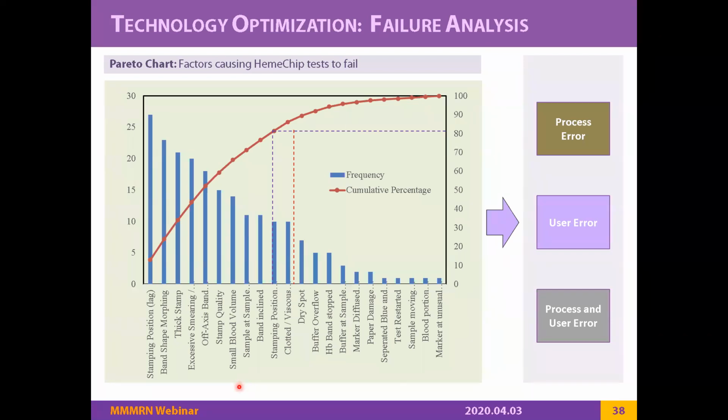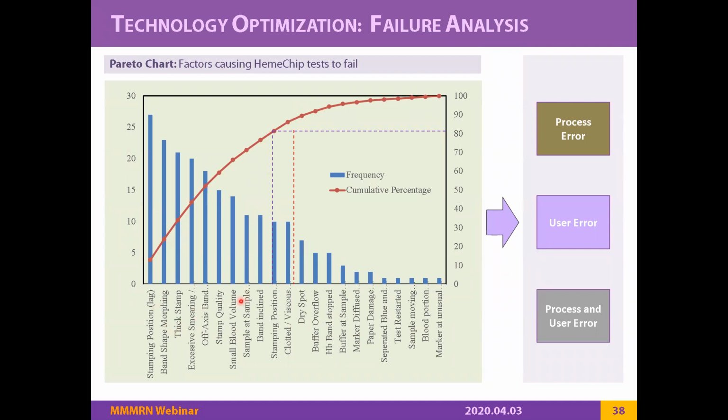So this is one of the important slides that I want to focus on. When we were developing the technology, we had a lot of failures. And we looked into the failures to make the system robust the way it is now. This is a Pareto chart where we plotted the types of error with the frequency, and we looked at the cumulative percentages.